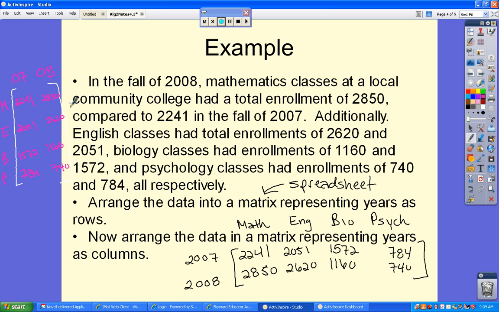Okay, like any spreadsheet, the reason these are so helpful is because you can make some comparisons. You say, well, it looks like the math numbers are growing up, English is going up, but the biology and psychology are going down a little bit. Should you be alarmed? What should we do? Where should we put money if we're trying to recruit students? And so on. Okay, so it's just a helpful way to organize data.